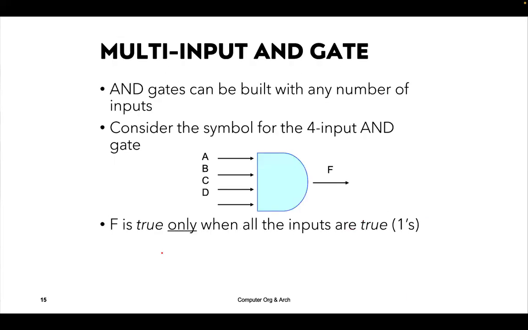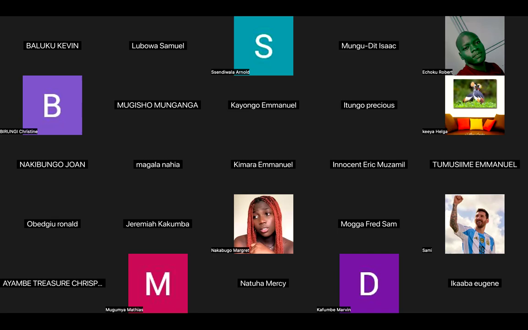Yeah. So I think I need to, okay. We have the mount input and get, whereby the AND gates can be built. Excuse me. Yes, please. Excuse me.